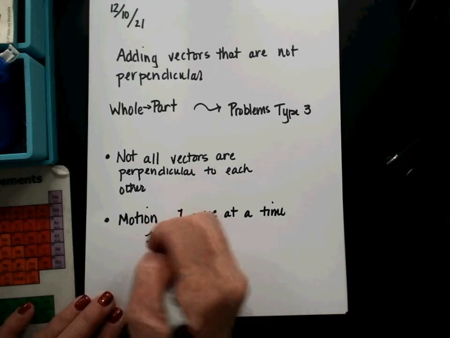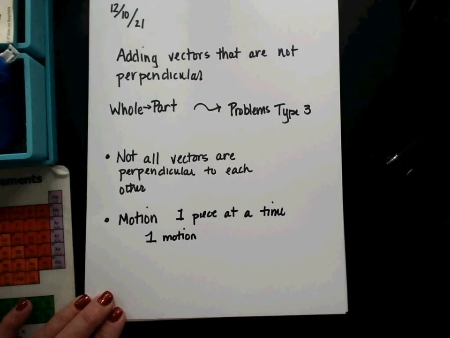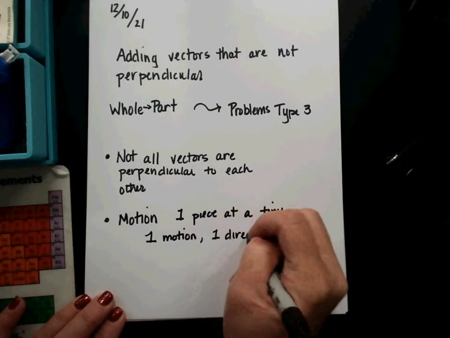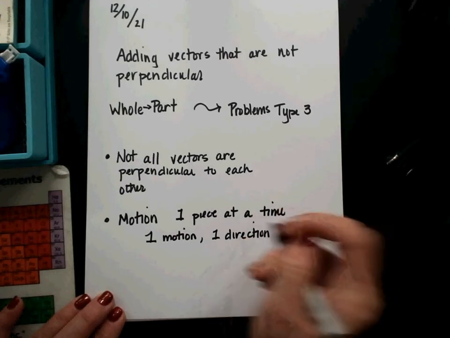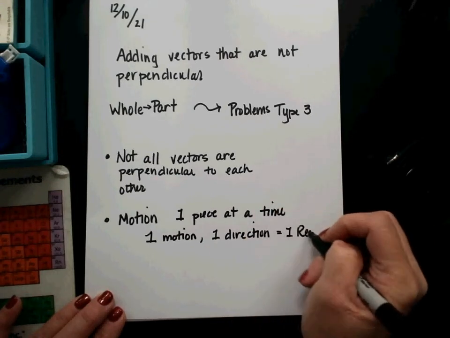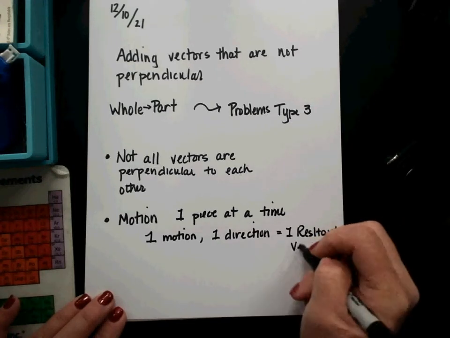You're going to have one motion, one direction, which would really be like one resultant vector.